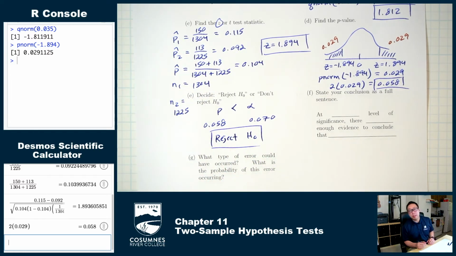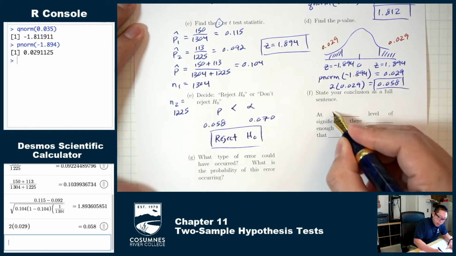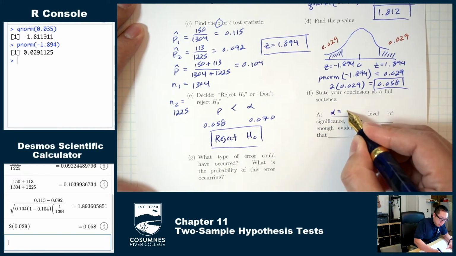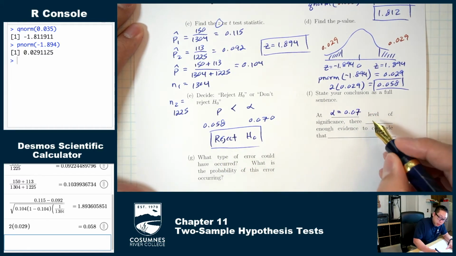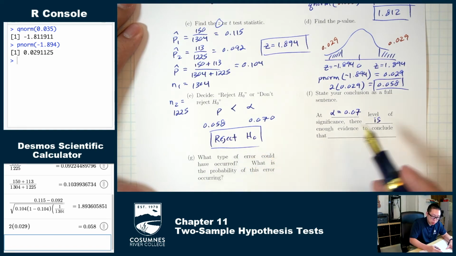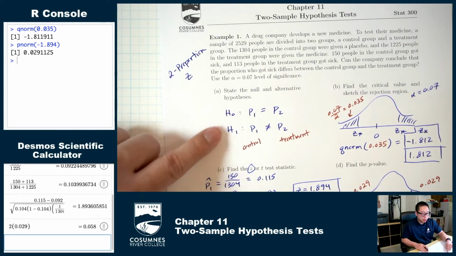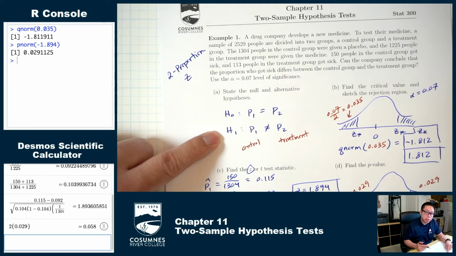And then our conclusion. State your significance level, so at alpha equals, we said, 0.07. Level of significance, there is or is not. So if you reject, there is enough evidence. If you did not reject, there is not. So in this case, we did reject, so there is enough evidence to conclude, and then state H1 as a sentence. So H1 basically is saying that the proportion for the control is different than the proportion for the treatment.